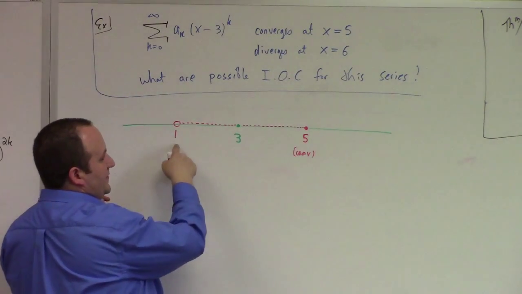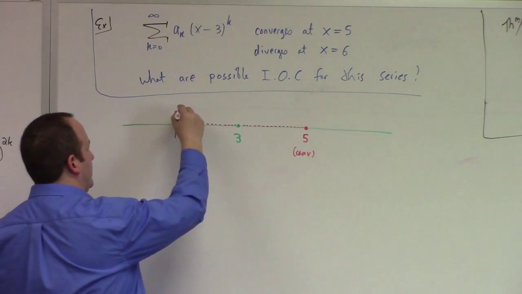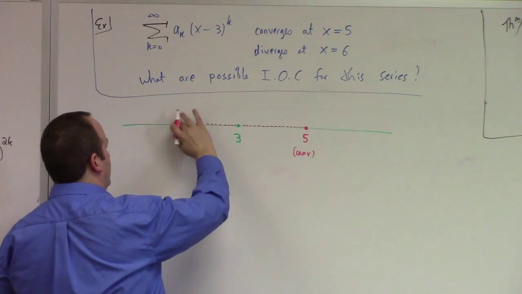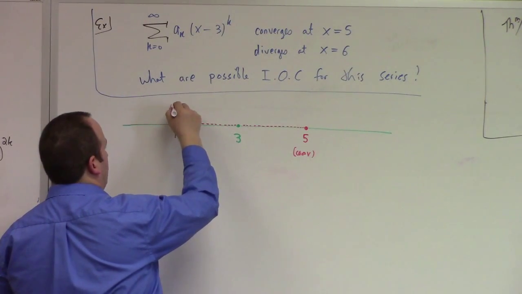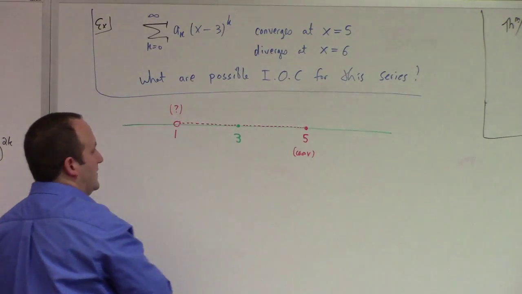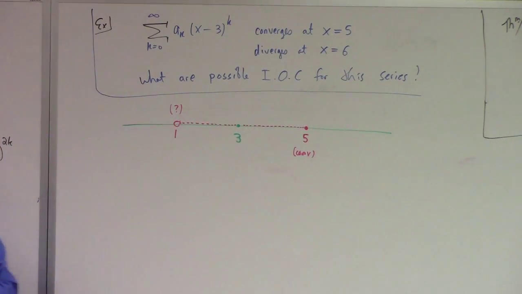It may or may not converge at 1. I can't tell. It's an endpoint, and the theorem doesn't tell me anything about that. Weird stuff can happen at endpoints.